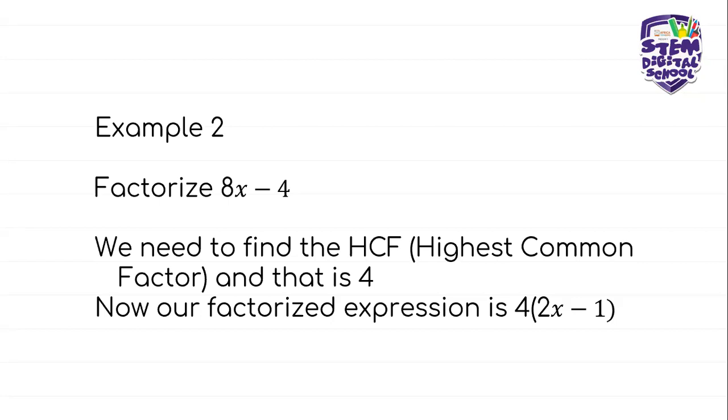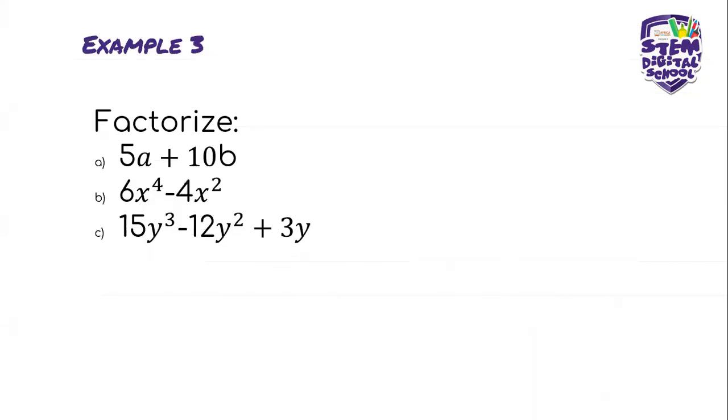So I'm proceeding to example 3, which consists of A, B, C, the 2 binomials there, as well as a trinomial in C. For the binomial in A, as well as the binomial in B, all that we need to do is just factorize.